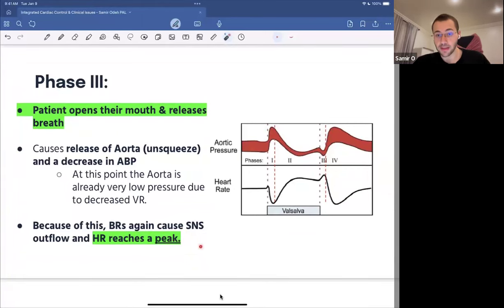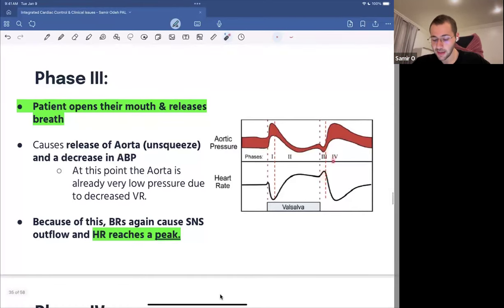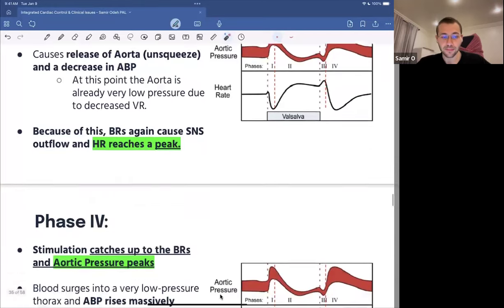So this is the peak in heart rate, okay? That peak in heart rate is simply caused by the aorta reflexively expanding massively and all the blood just bouncing off its walls, essentially. Essentially, what happens first is the aorta expands and the heart rate peaks.